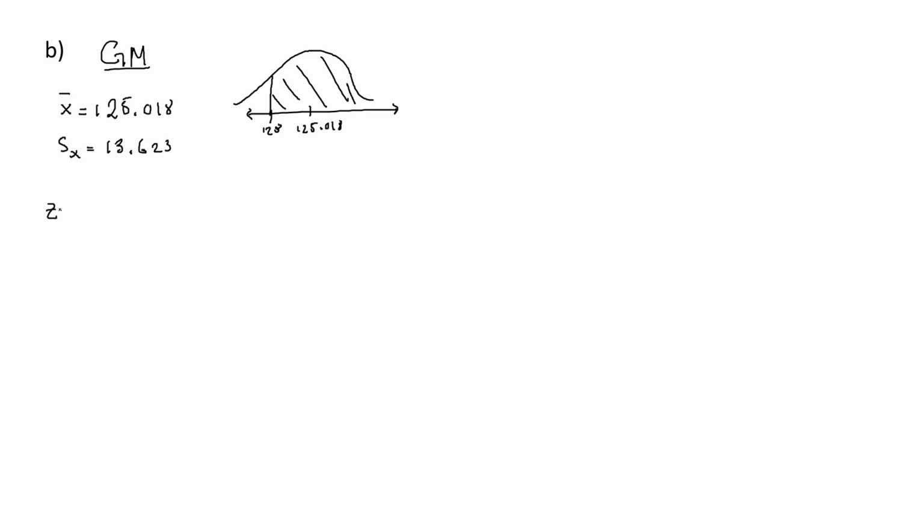To calculate the z-score, it will be 123 minus 125.018 over our standard deviation over radical 33, which is our sample size, which will produce a z-score of negative 0.85.